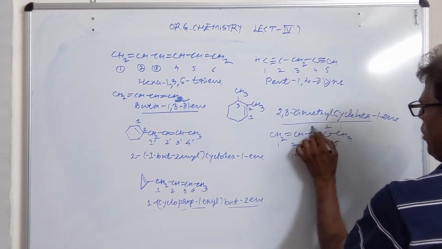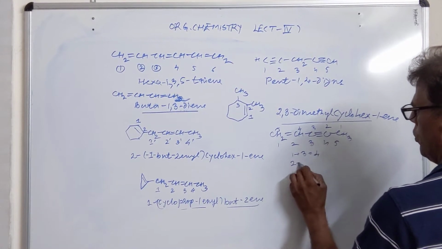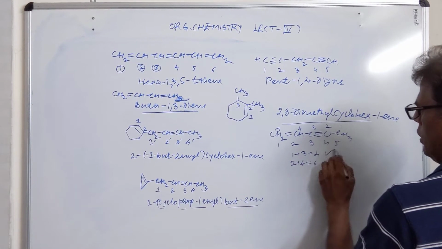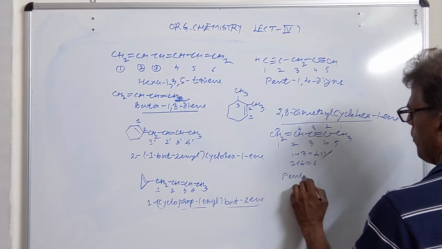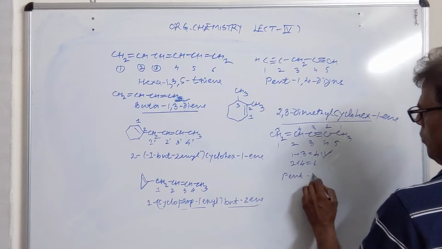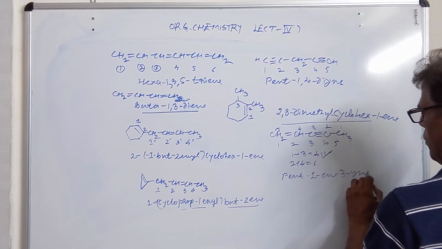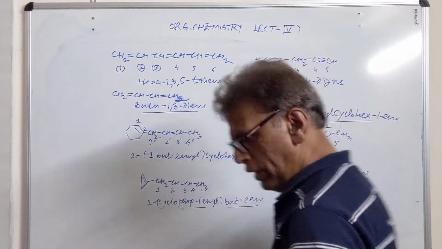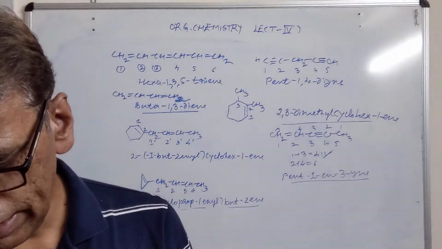If I number it from this side, the sum of the numbers will be 2 plus 4. So this numbering is okay. So we'll be writing its name: pent, 5 carbon system, 1-ene, 3-yne. So mixed systems are numbered and named like this.